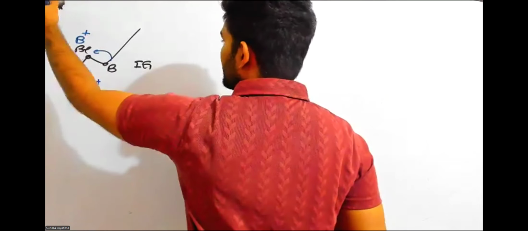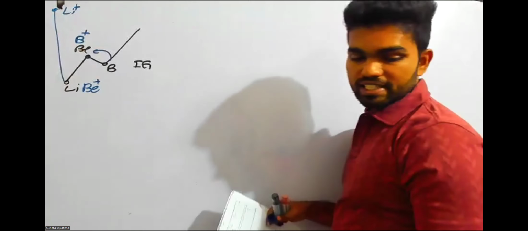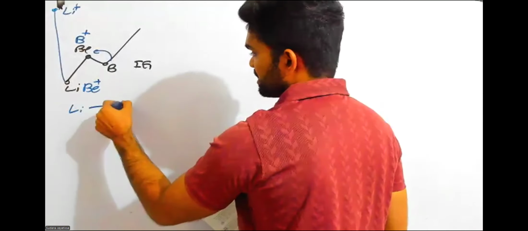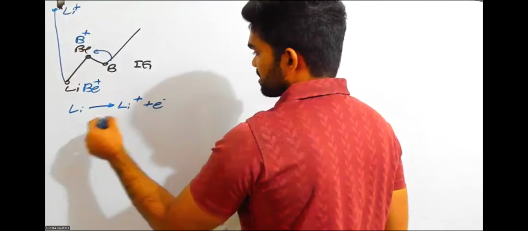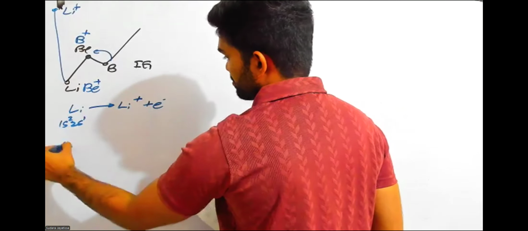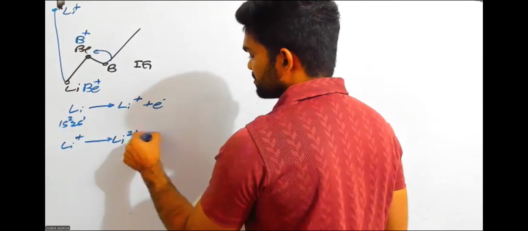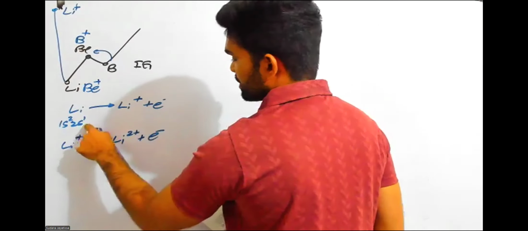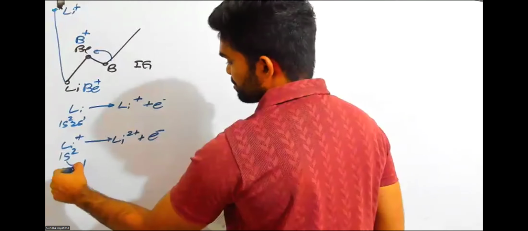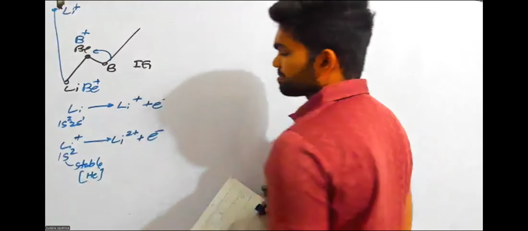It's a very high value, because it will take the noble gas configuration. Take for example lithium to lithium plus: here it is 1s2 2s1. But from lithium plus to lithium 2 plus, the second ionization is very difficult. Why? Because if you release that 2s electron, what remains is 1s2, a very stable noble gas configuration, helium configuration.